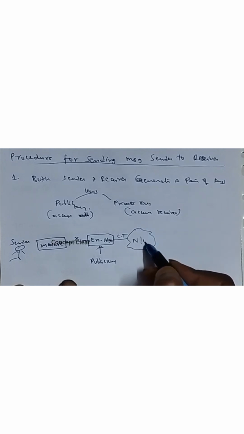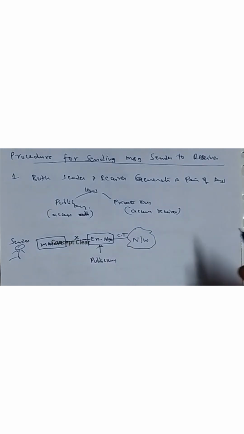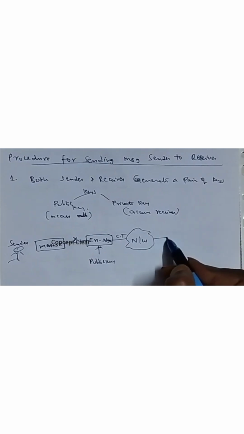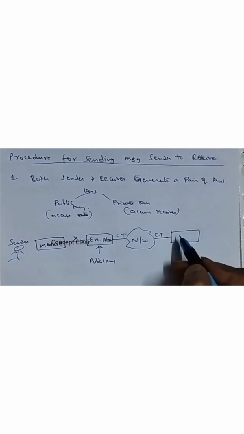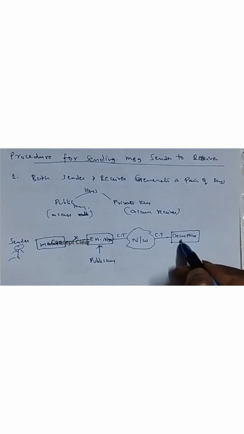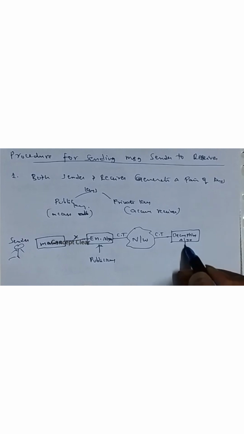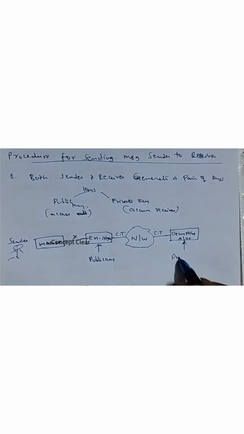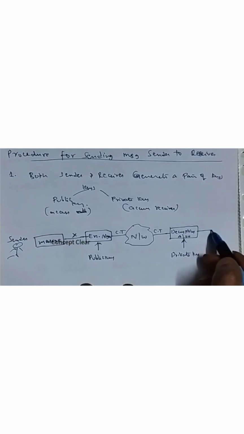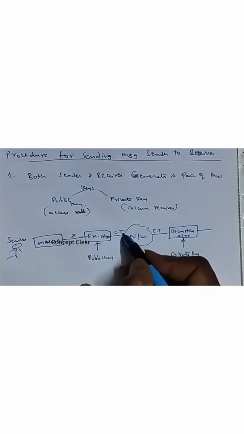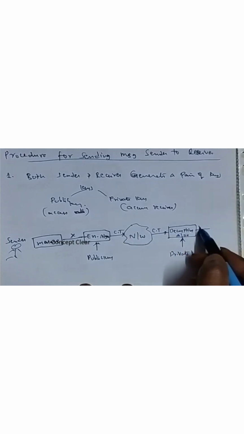This ciphertext data travels over the network. Here, the ciphertext is applied to the decryption algorithm with the help of the private key. Again, the ciphertext will be converted back to X.